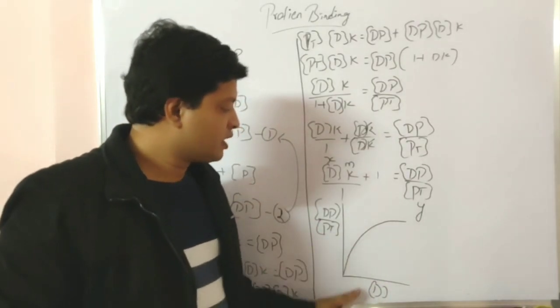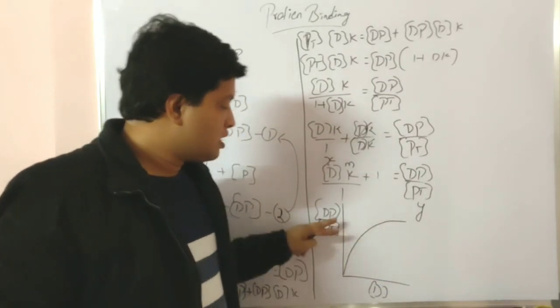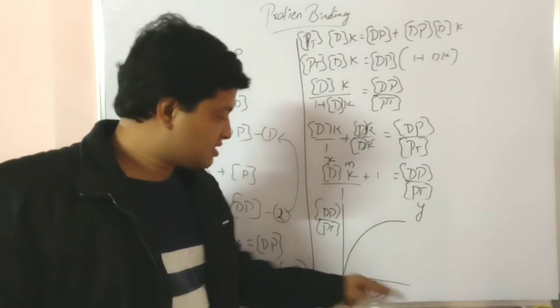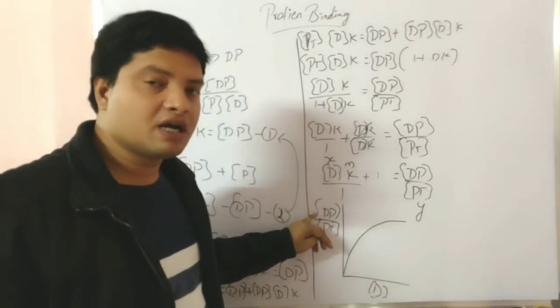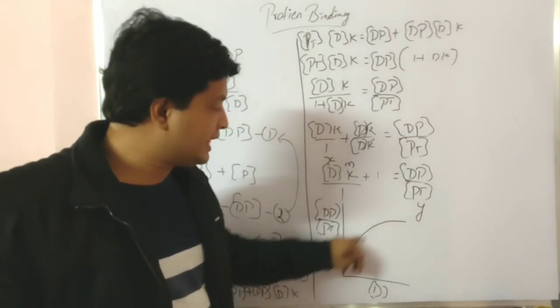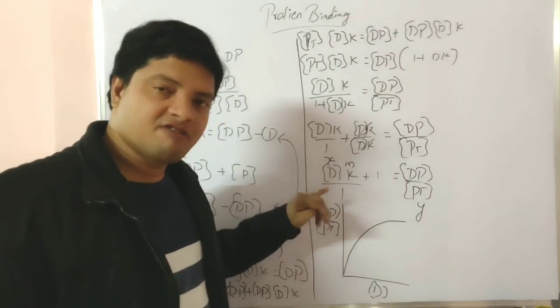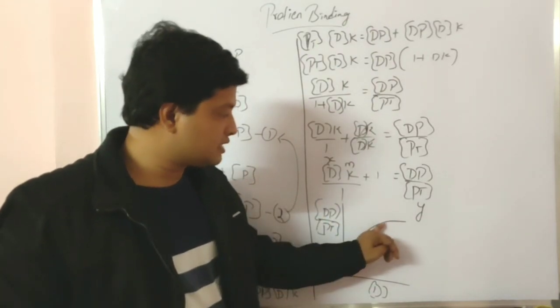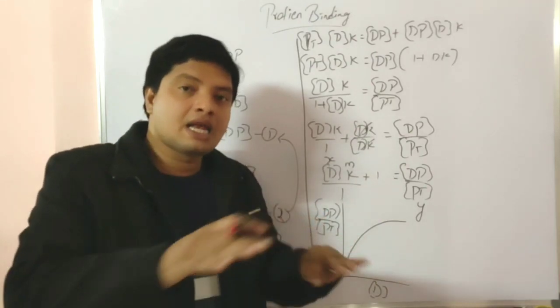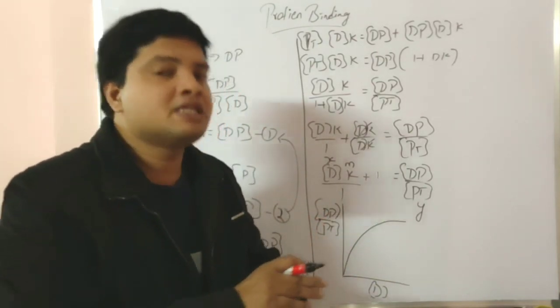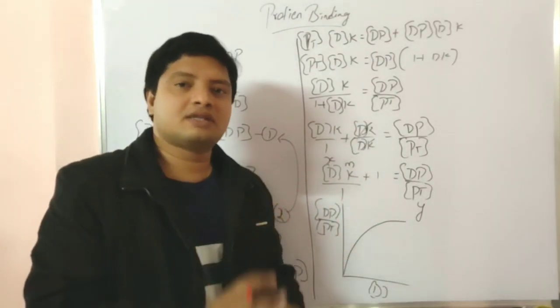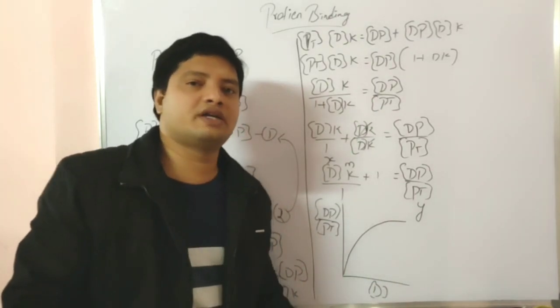See, initially, if you increase the drug concentration on the x-axis, your fraction of drug-bound protein also increases. The fraction of bound protein also increases, but at a particular level it levels off, indicating it is being saturated. All sites in the protein are being saturated by the drug.